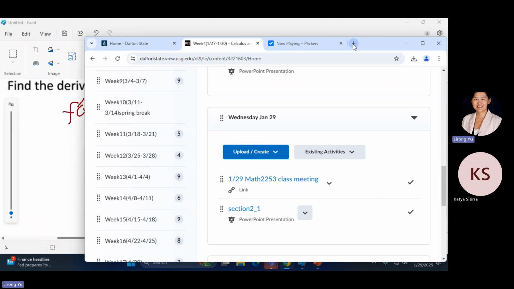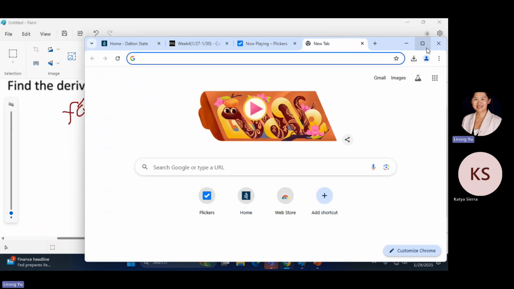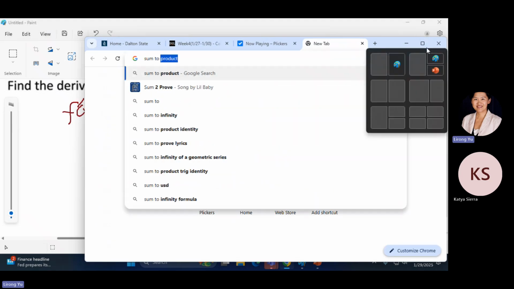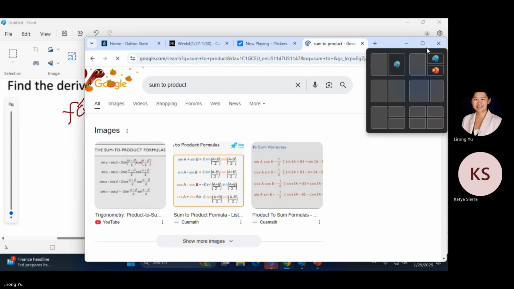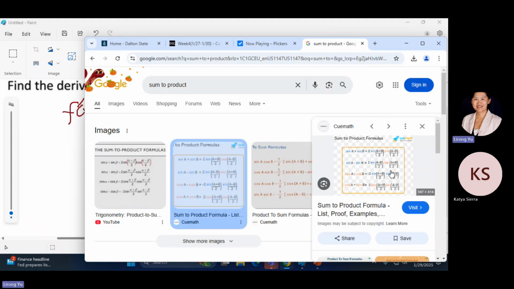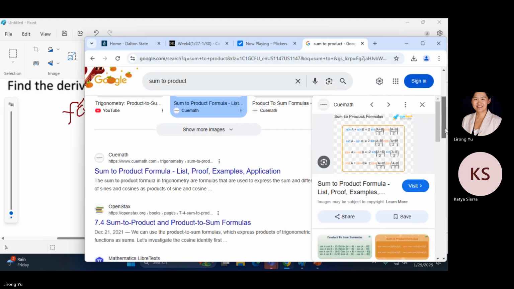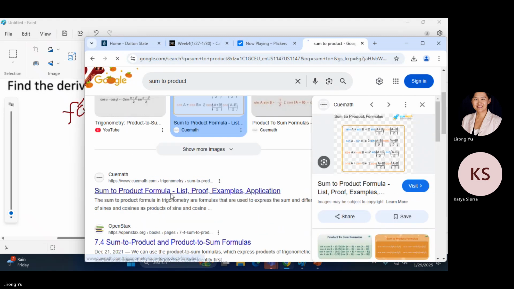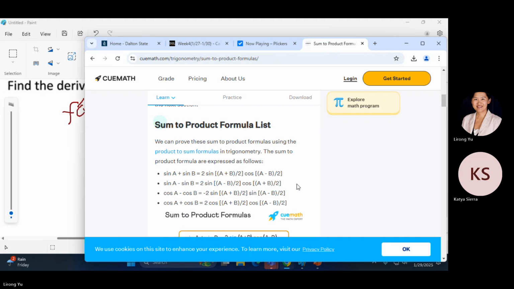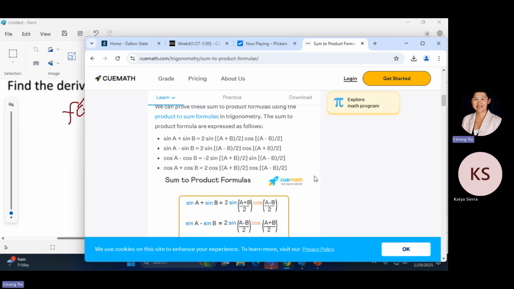It's not just one; it's 8 different formulas. I'm trying to write the sum to product. Try to enlarge this.